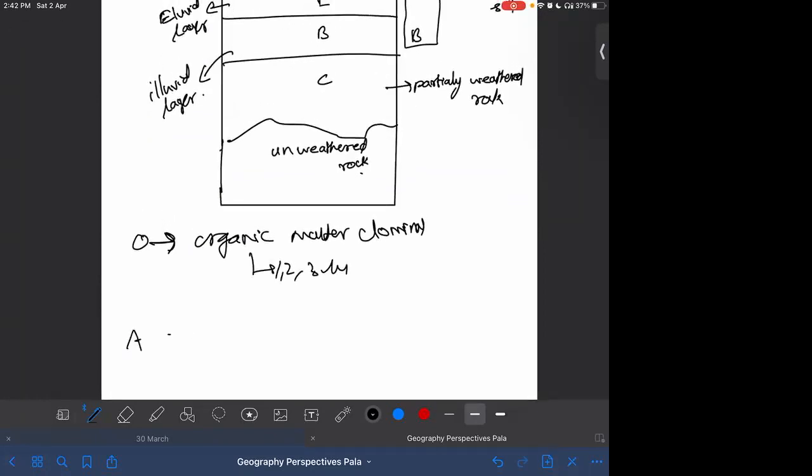And the A layer is the layer of eluviation, the layer of leaching and eluviation. And these two combined, A plus O, form the topsoil. Now, meaning what?